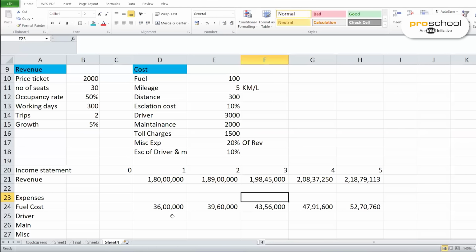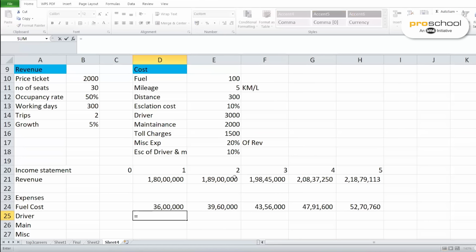So the driver cost. Now, what is the driver cost? My driver charged me 3,000 into how many trips? 2 trips. Into how many days? 300 days. So my driver charged me 3,000 into 2 into working days. So the driver cost will be how much? 18 lakhs, right? Now, there is a catch over here.